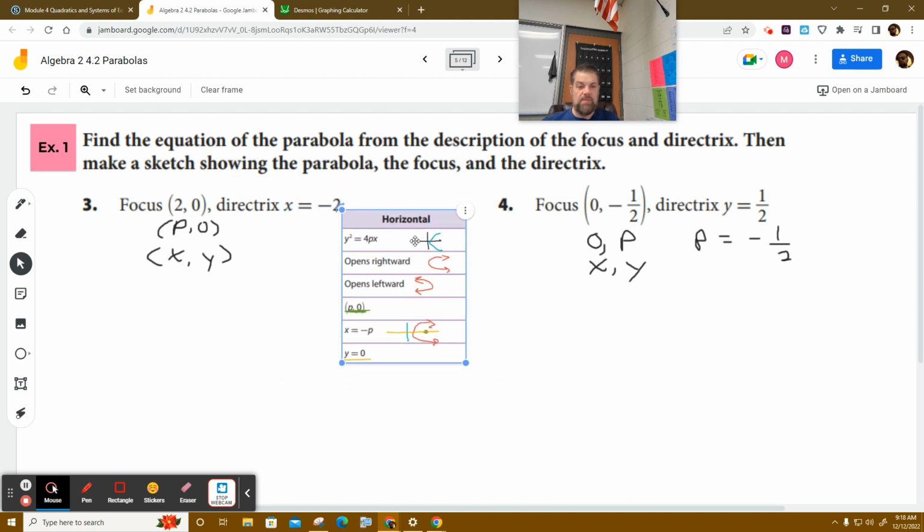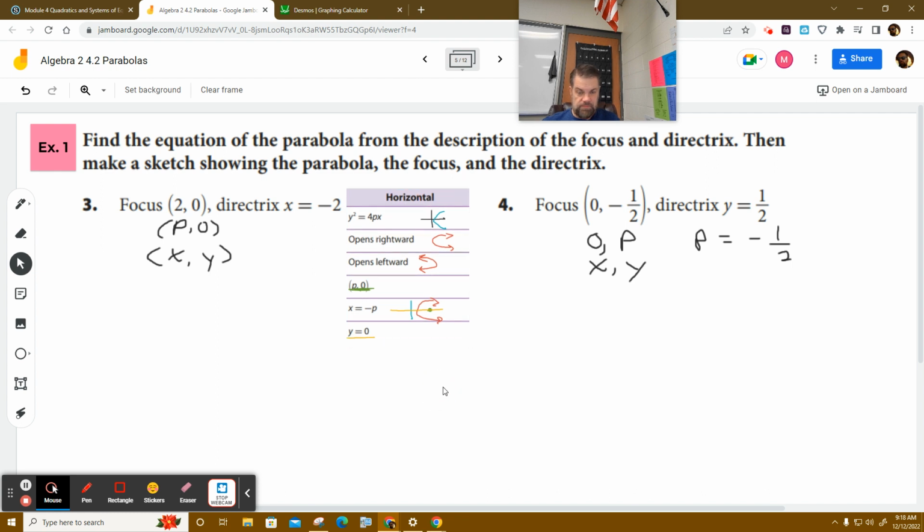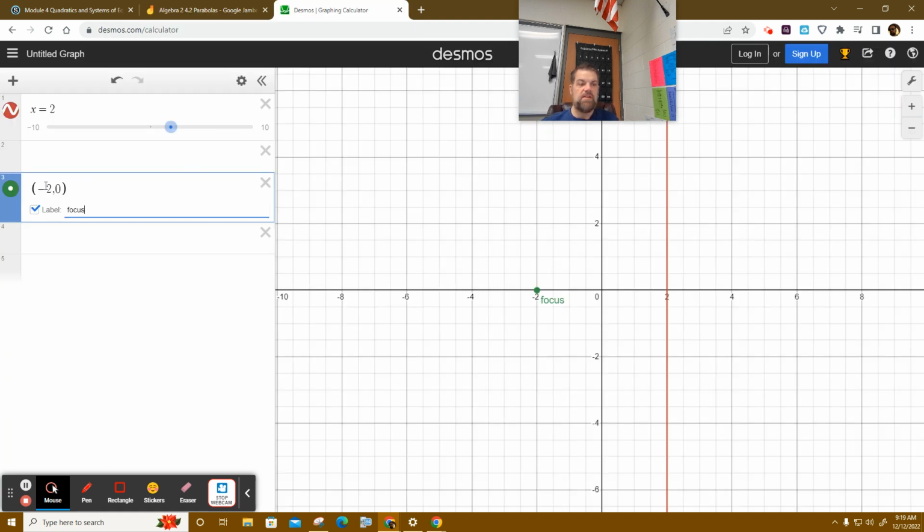So this is for problem number 3. All right? So now my equation is going to be y² = 4px, and my directrix is going to be x = -p. So I'm going to label P as +2. Oh, you know what? I screwed it up already. Look at this.